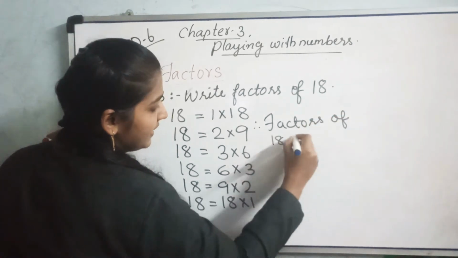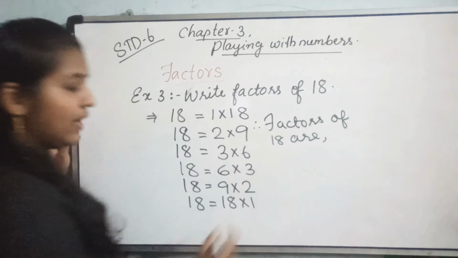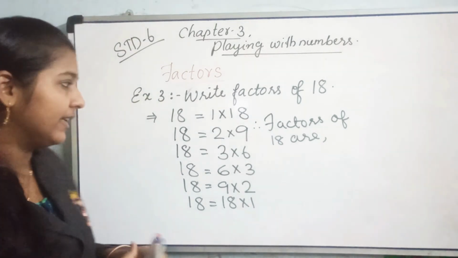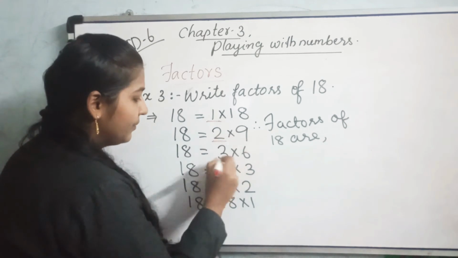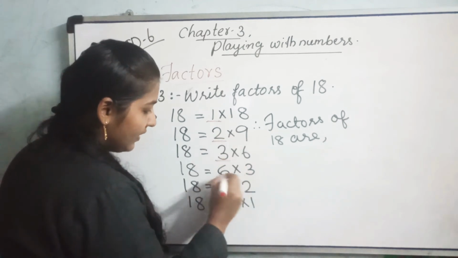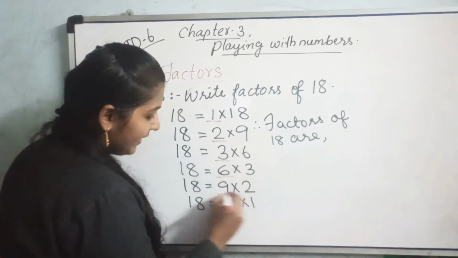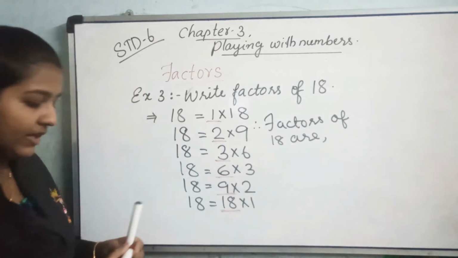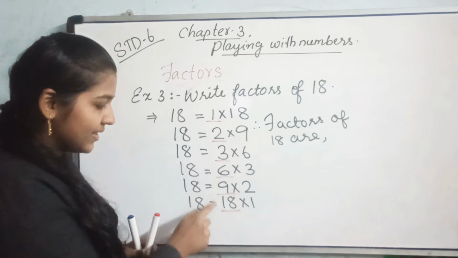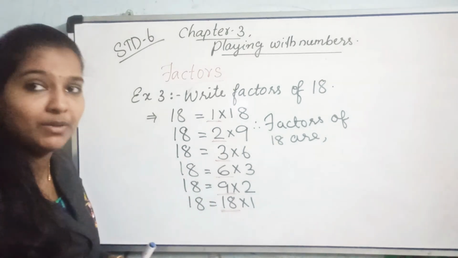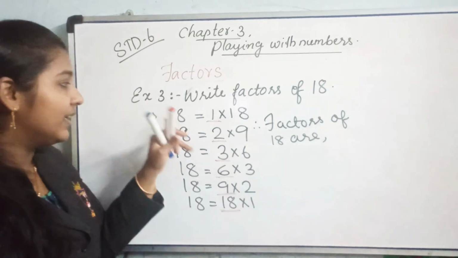Factors of 18 are, without repetition, you can write like this: 1, 2, 3, 6, 9, 18. Okay. So in 1's table, 2's table, 3's table, 6's table, 9's table and 18's table, we will get the number 18.